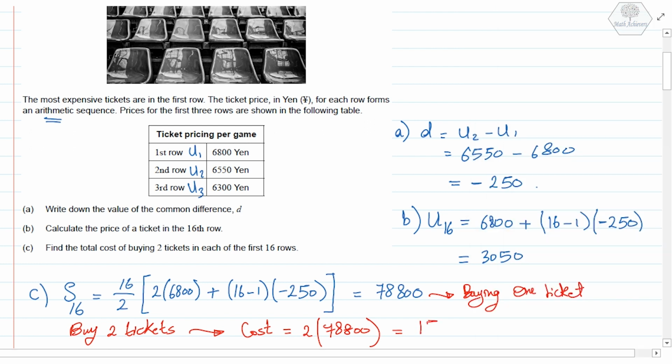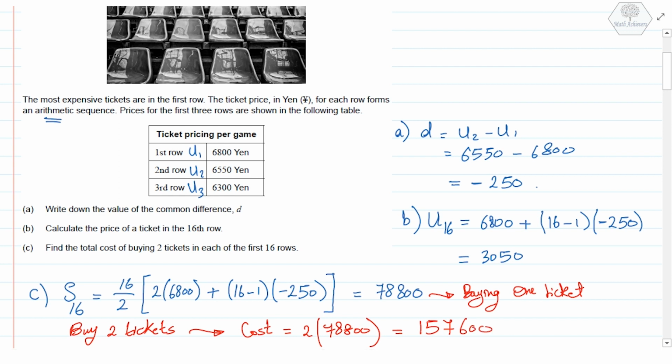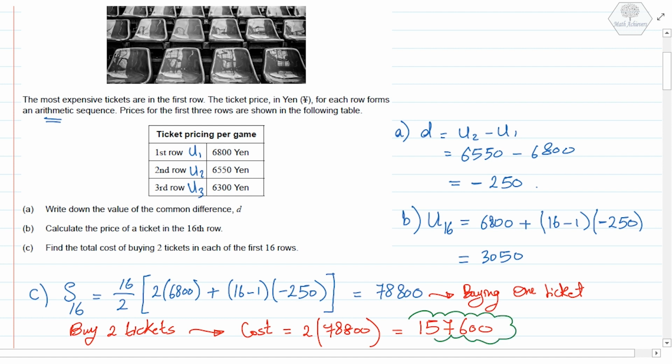So this would be my answer for buying 2 tickets in each row of the first 16 rows.